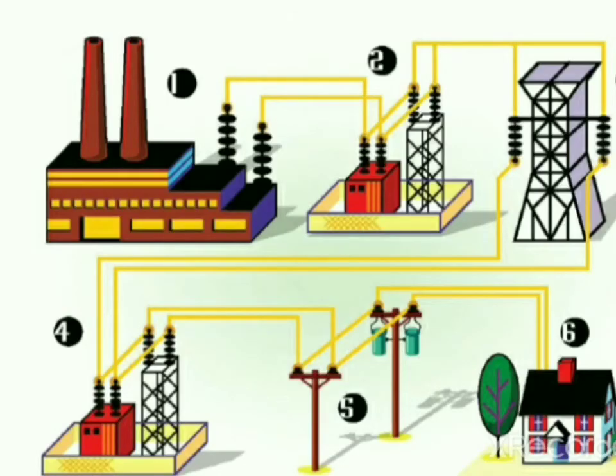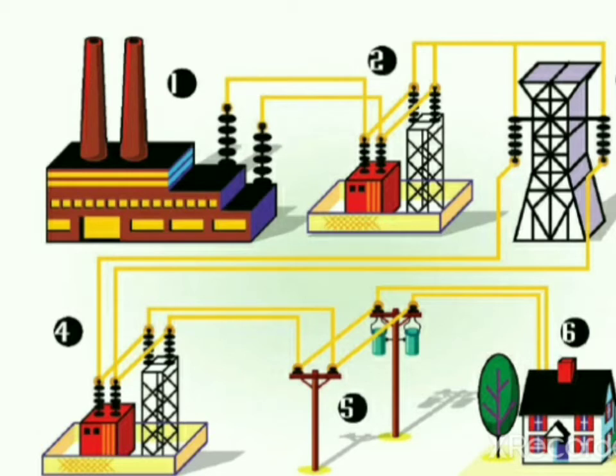From the main power generating station, the power is transmitted to the grid substation. You may refer to figure 9.1 in your textbook. From the main substation, it is transmitted to the grid substation, where the 11 kV is stepped up.